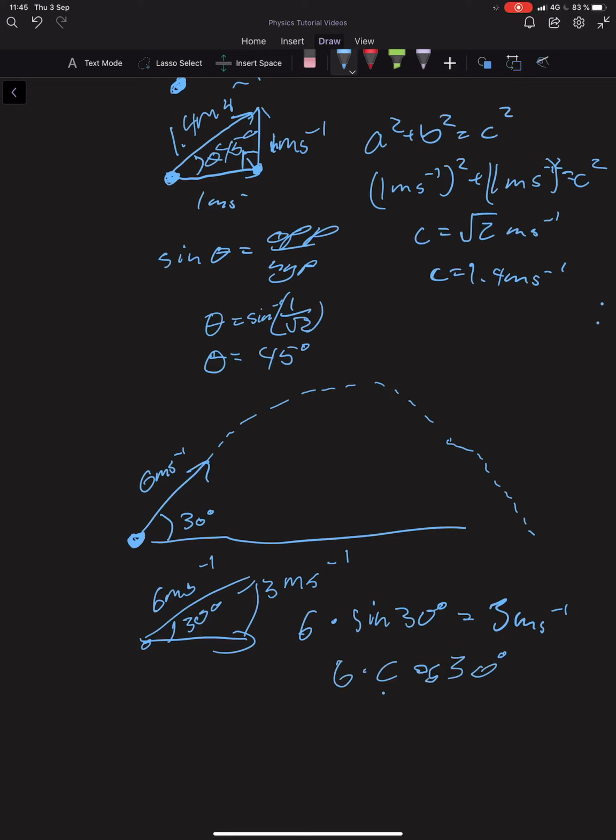You guys should all know this from your math lessons. And that is equal to 5.2 approximately to 2 significant figures. Now, you may ask, what is the maximum height the ball reaches?